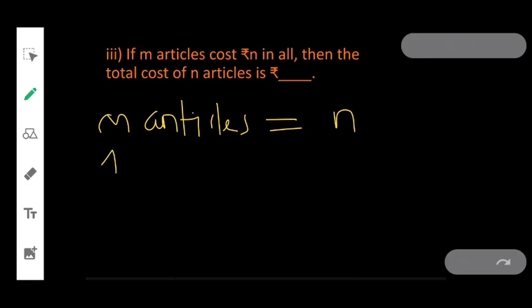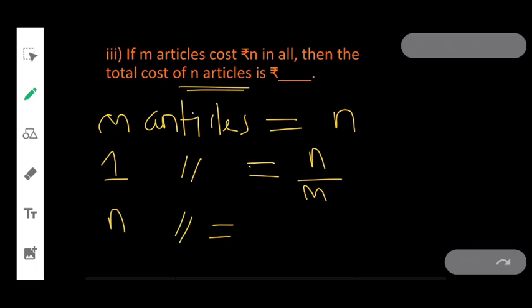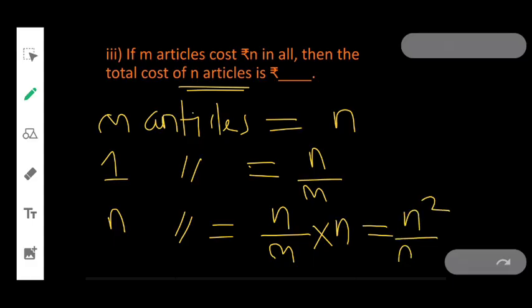Now the cost of one article will be n by m rupees. Now we have to find out the cost of n articles. So the cost of n articles equals n by m multiplied by n. So n into n is n square by m rupees. That is the cost of n articles.